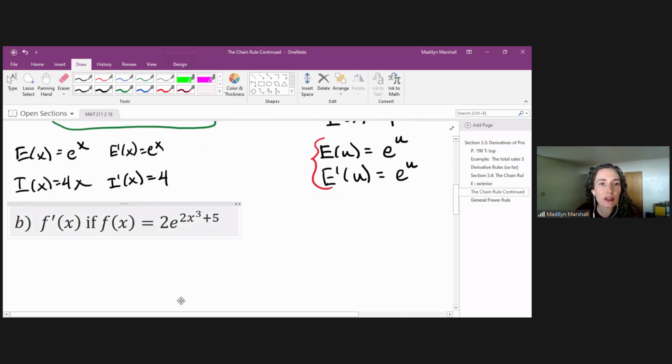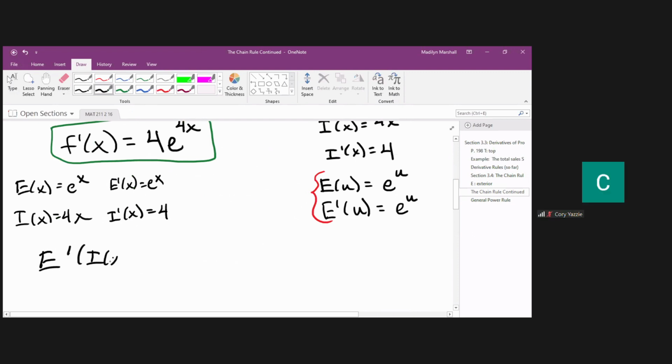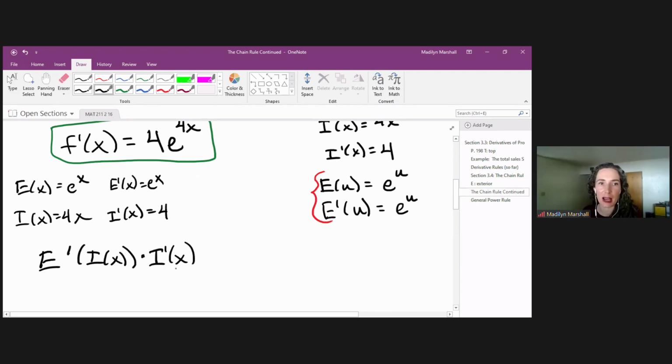So we can write those exterior and interior and exterior derivative and interior derivative like this. And then we can use that definition of the chain rule like this and plug everything back in.